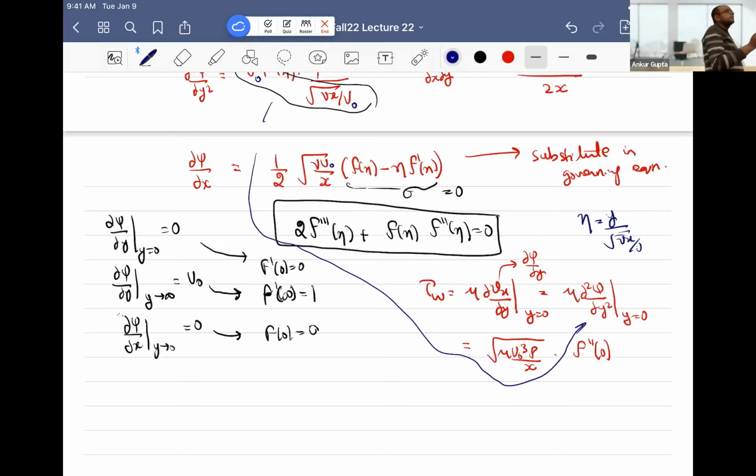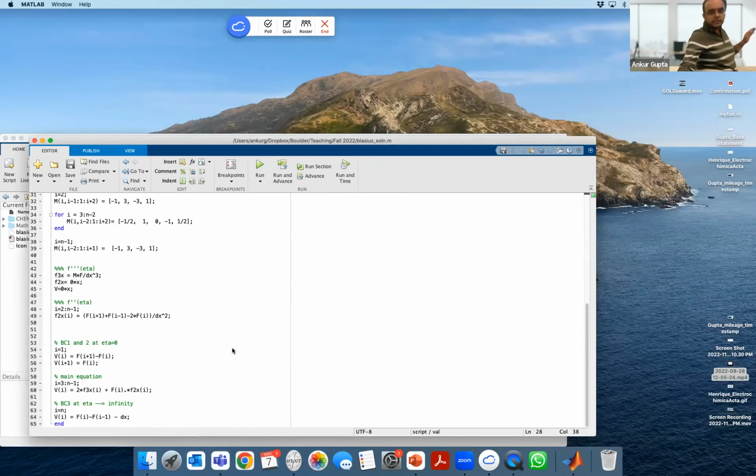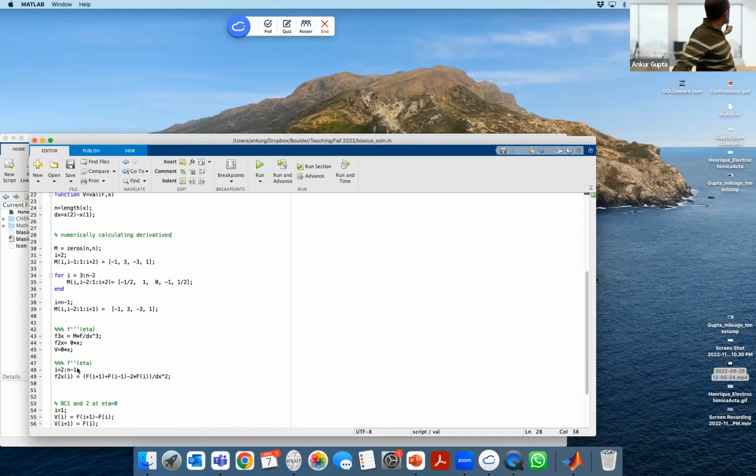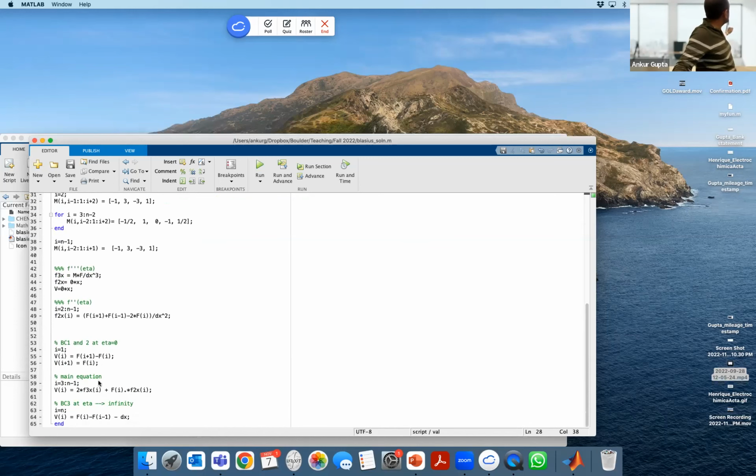Did you solve this differential equation in your math methods homework? Okay, so you already know you can solve this numerically, but in case you did not, I'll quickly show you a small code I literally wrote yesterday. I've calculated the derivatives, f prime, f double prime, f triple prime, and the boundary conditions one, two, and the final one.